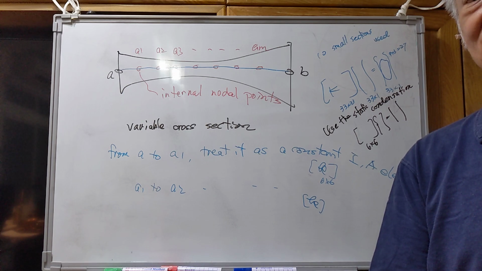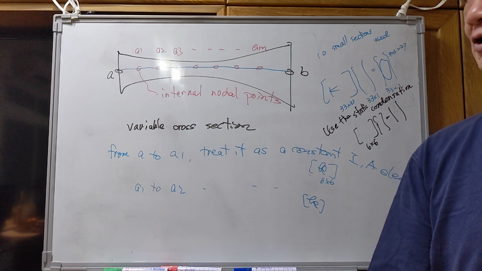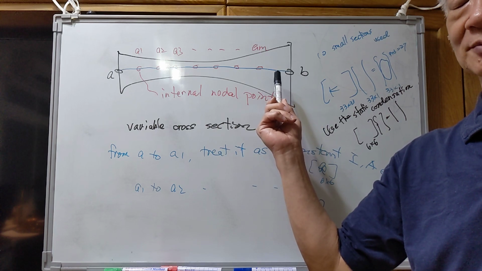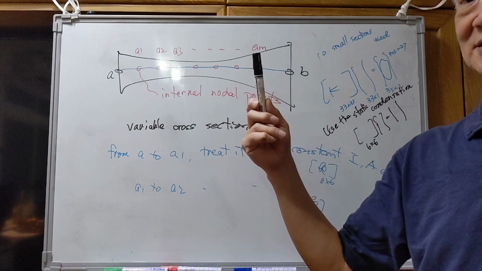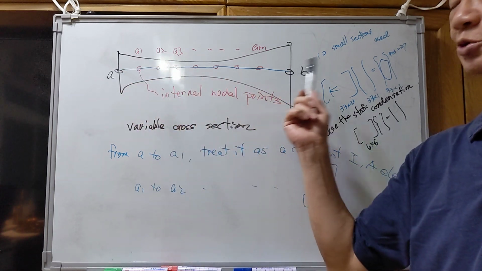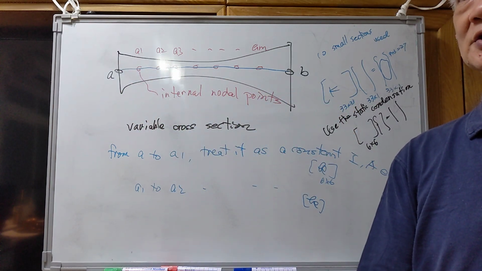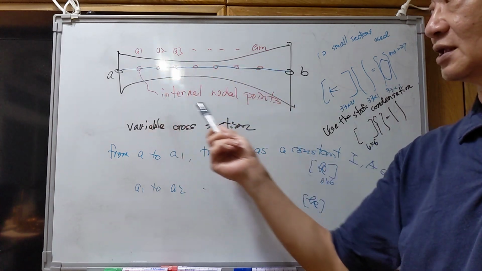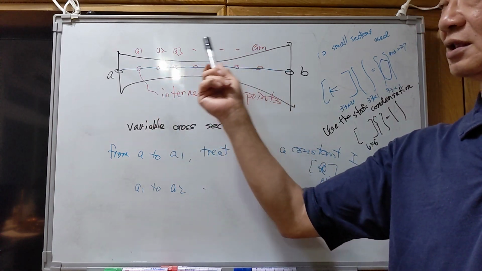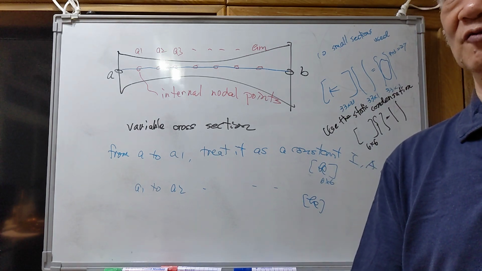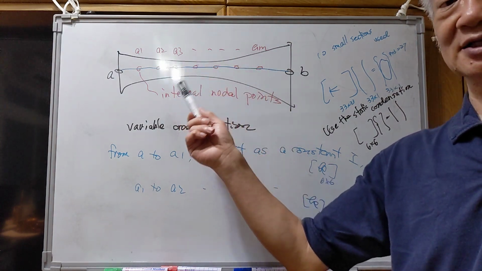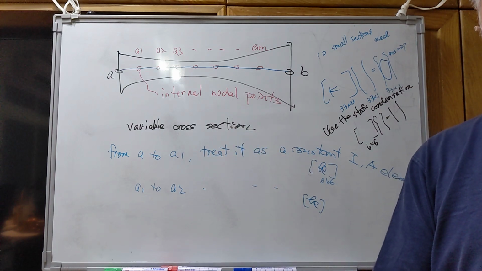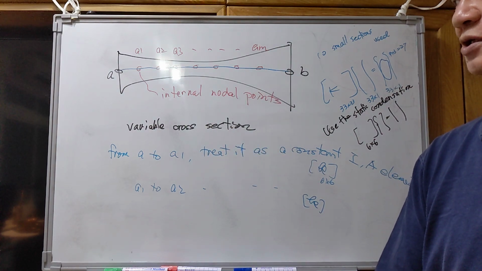At the first stage, only these 6 degrees of freedom are solved. After that, we solve the 27 degrees of freedom inside this element. Okay, then we can output the results.